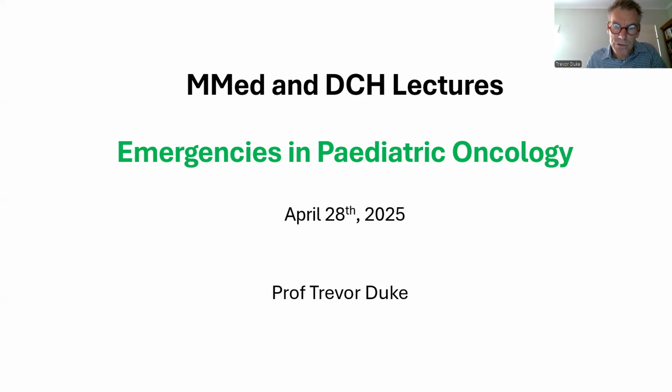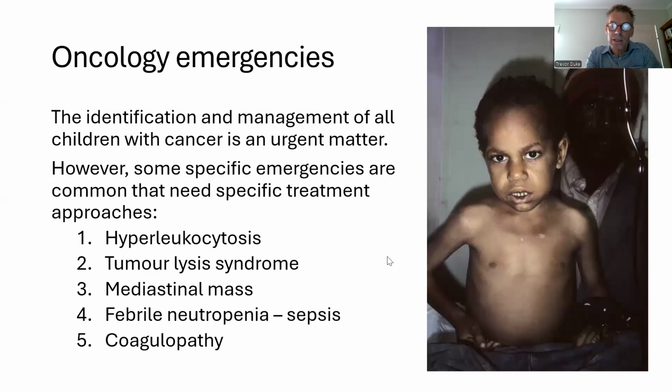And while it's true to say that the identification and management of children, regardless of what their cancer is, is an urgent matter, we need to be good at the basic things: identification of the pale child, the differential diagnosis of an abdominal mass in a child, the early warning signs of retinoblastoma, or distinguishing the child who has a brain tumor from a child who's got some other form of encephalopathy like a tuberculoma.